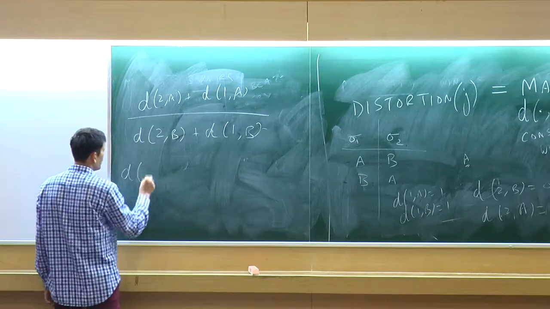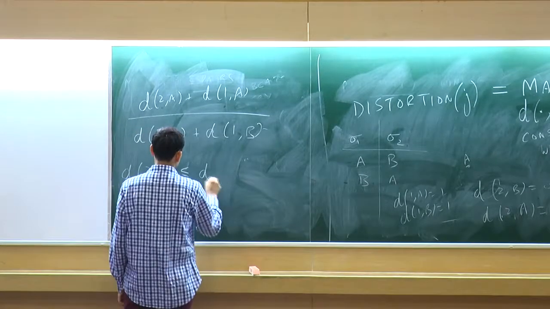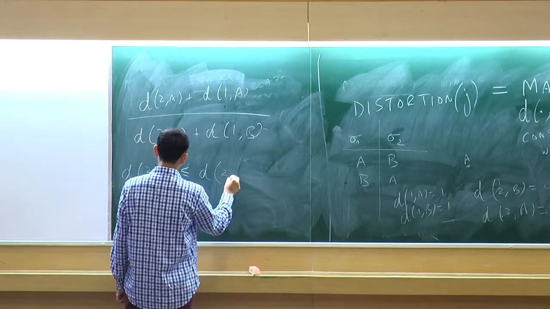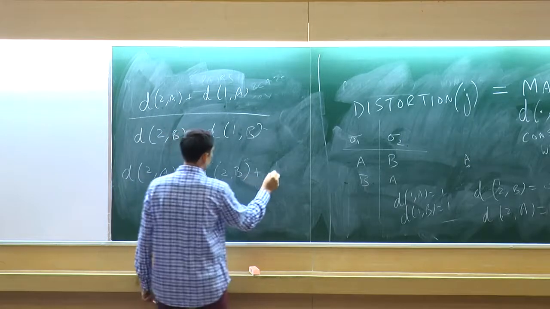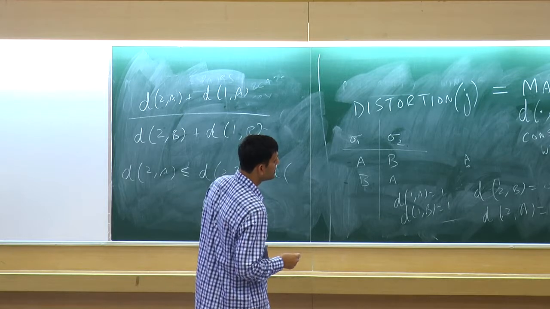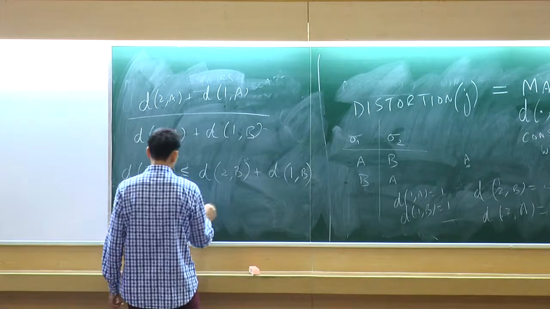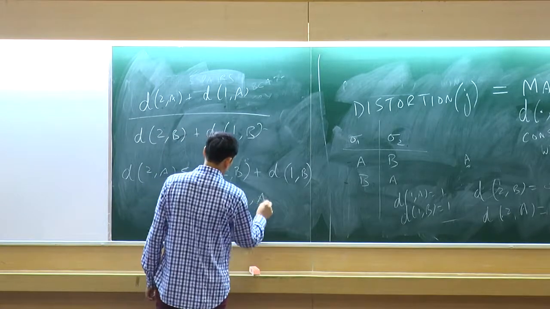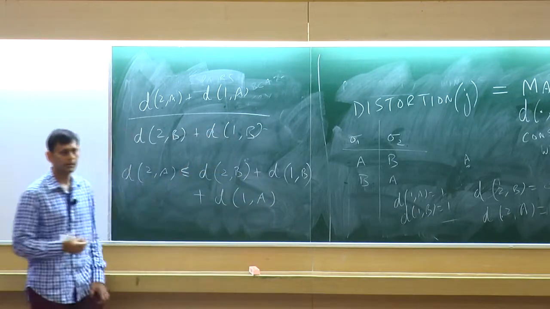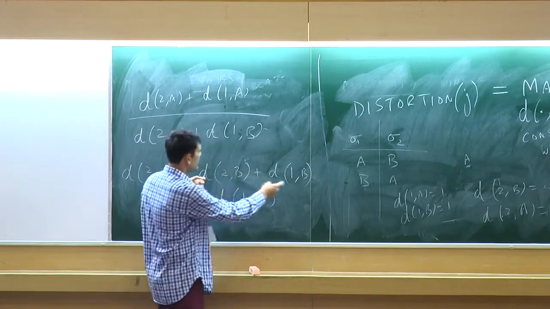So D of 2 comma A is less than or equal to D of 2 comma B plus D of 1 comma B plus D of 1 comma A. Okay. So this is just the denominator.